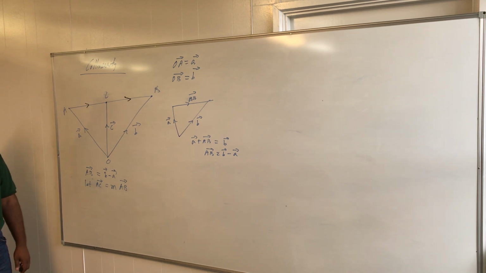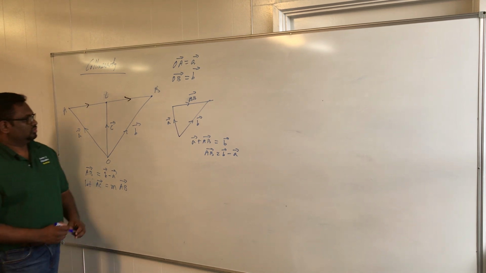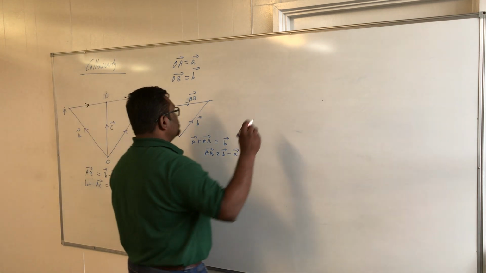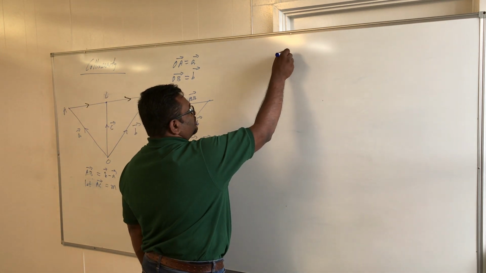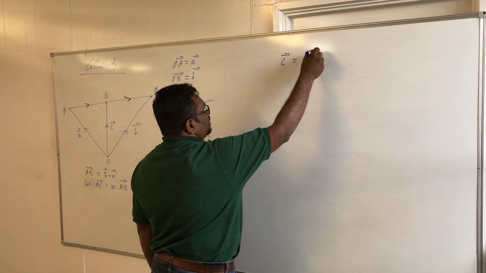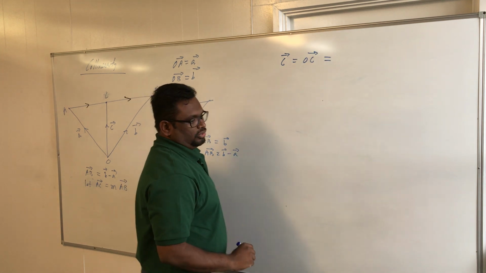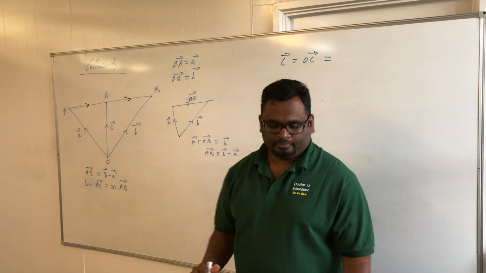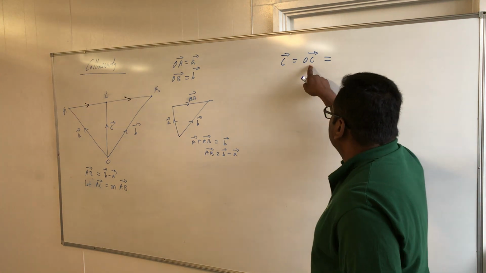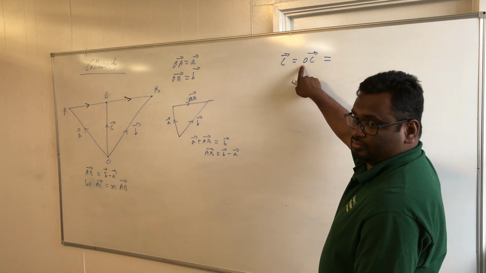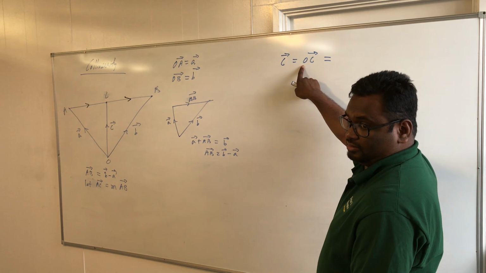Now, what is OC, guys? What is C vector? How do you calculate that? C minus O, right?